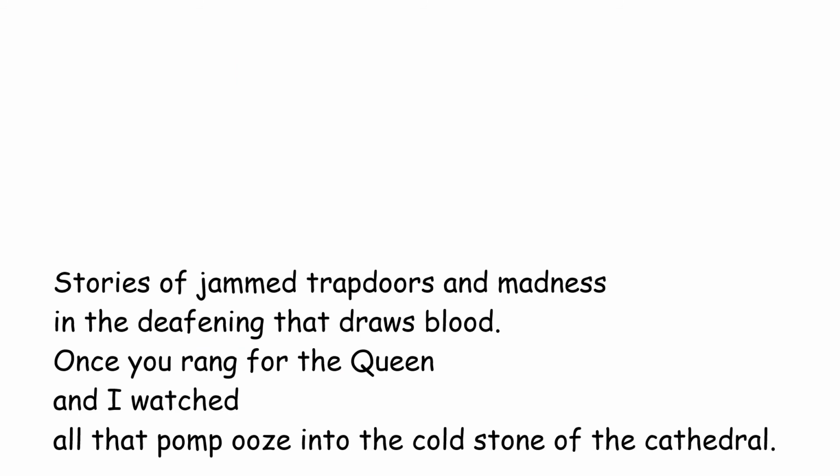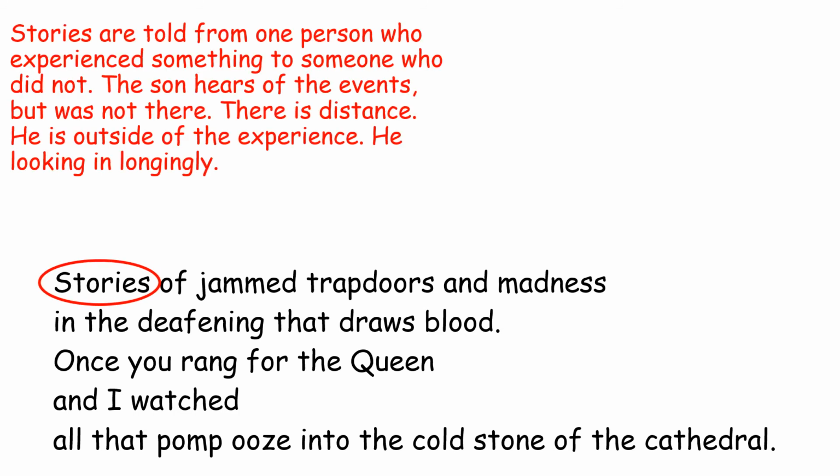Taking a look at the start of the next line, it begins with the word stories. Now, if we think about stories, stories are told from one person who experienced something to someone who didn't experience it. They're passing on that story, sharing what they've done. Now, in this context, we can see that the son is hearing of the events that his father took part in, but crucially, he wasn't there.